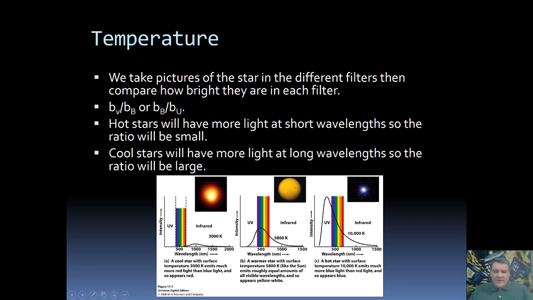In which of these filters is the sun going to appear brighter? It's going to appear brighter in the blue filter. The sun gives off more blue light than it does ultraviolet, so it will be brighter in blue than in ultraviolet.